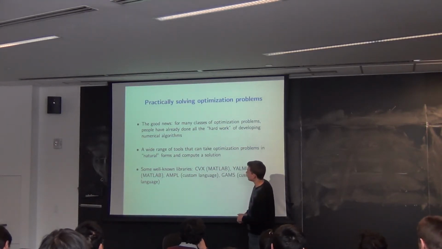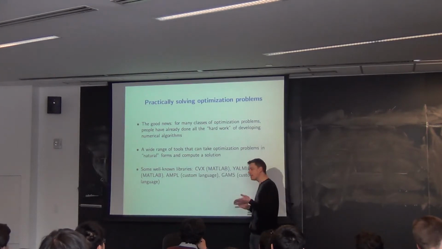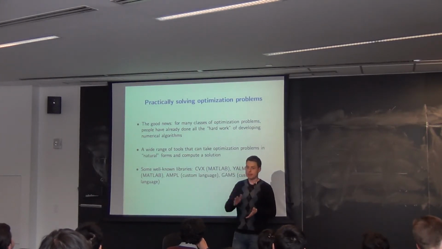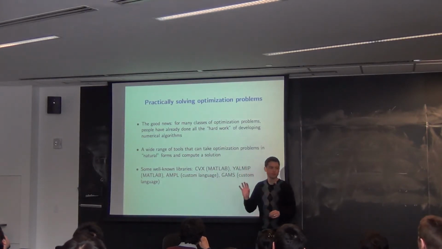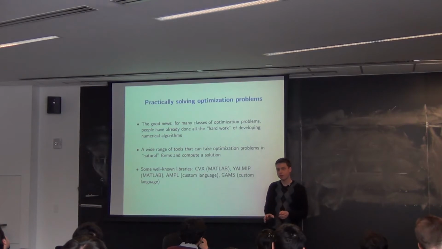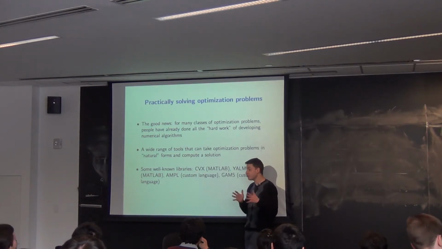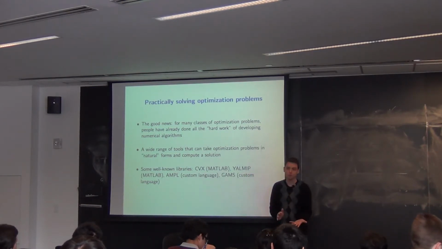So the good news here is that there are, for many types of optimization problems, including most of the ones we covered before, very mature, very well-developed pieces of code that can take these things in pretty general forms and solve them for you.